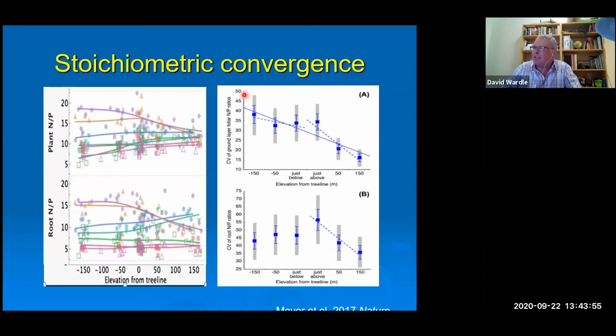Same here, if we look at the coefficient of variation among locations, they decline among locations at high elevation. This is because at high elevation, physiological processes constrain the N/P ratio. These are constrained by cold temperatures. As you warm things up, these constraints are less important, and regional differences therefore become more important.